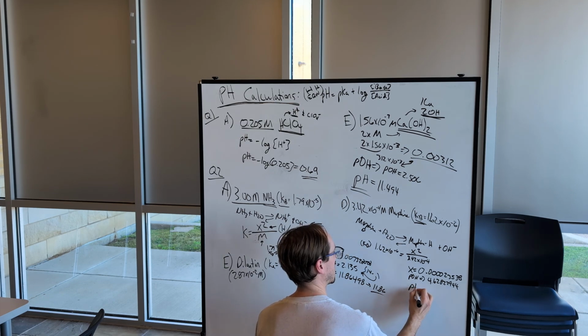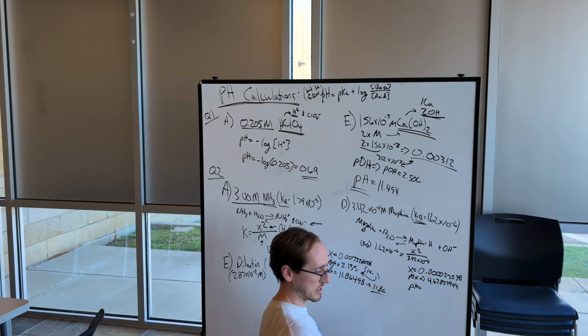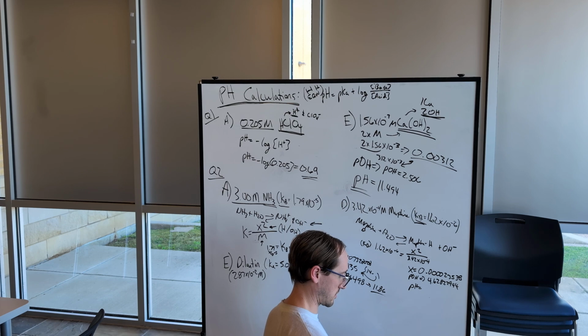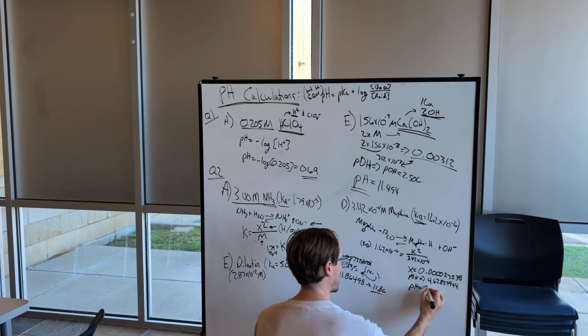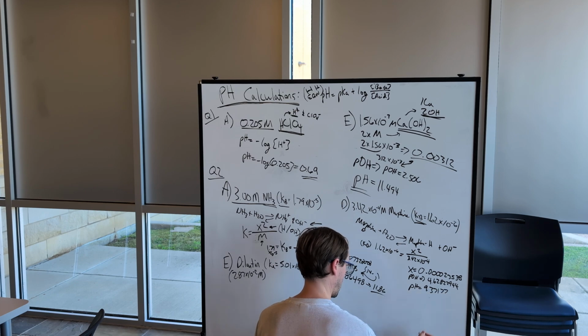So then pH is going to be equal to 14 minus that, which is 9.37177. So approximately 9.37 for that pH.